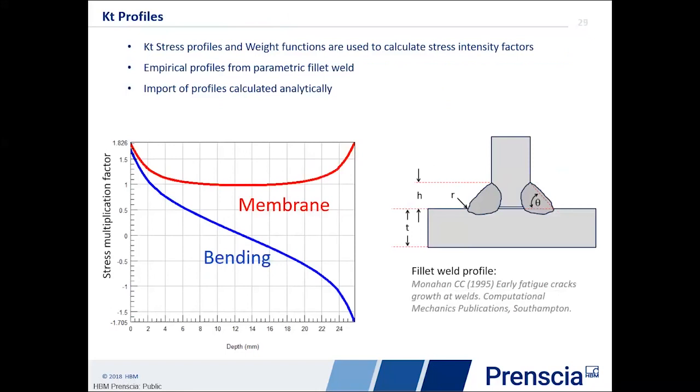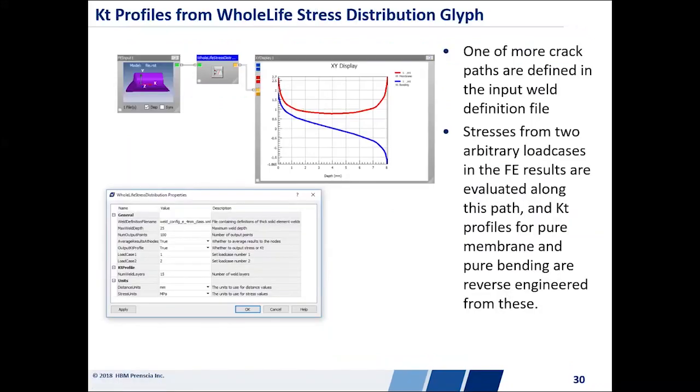There's a second where I can go in and literally import these profiles as files that have been computed by another process. And we have built into WholeLife Weld another glyph that allows us to go in and specify a path through the part.